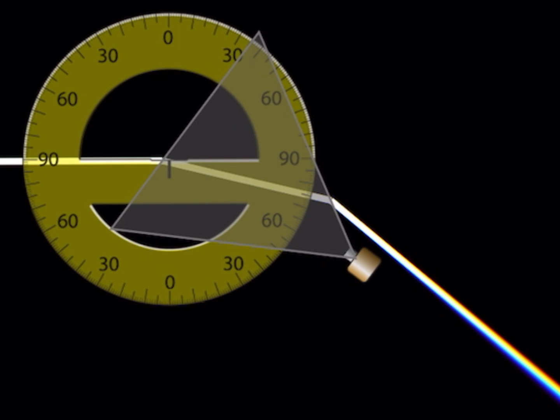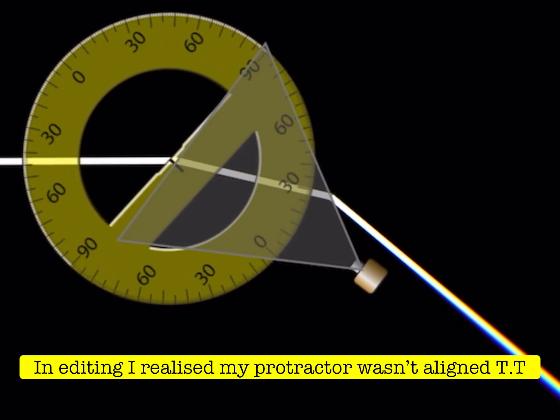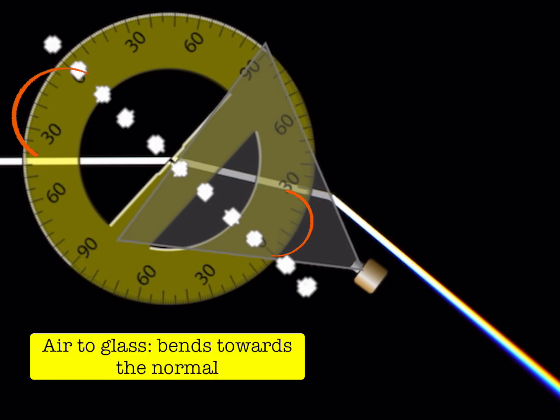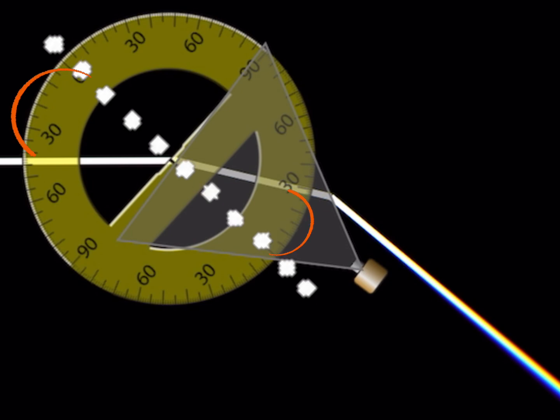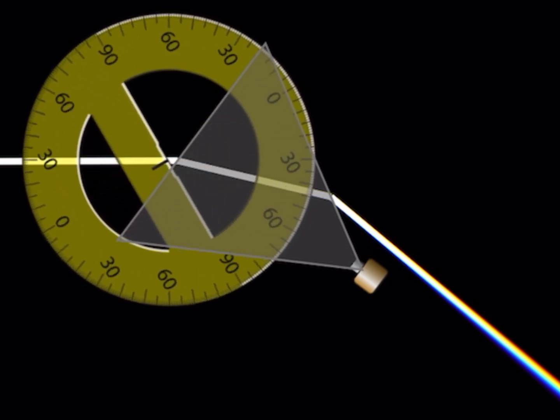Okay, but if I have an angle, let me just angle my protractor accordingly. You can see that the angle of incidence is about 45, but when it goes into the prism, it's about 30. So we can say it bends towards the normal, right? And as it exits, it bends away from the normal, like so.